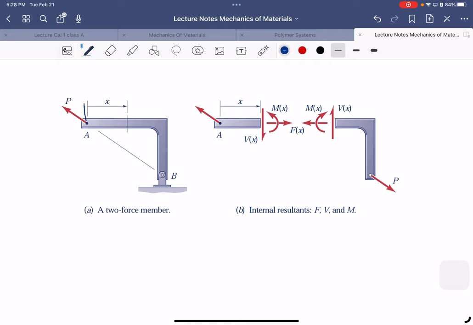If we have that angle here, we can make this P cos theta, P sin theta, right? And this will react to this B, and we say Bx, By. Because there are no other conditions, we can take the resultant, and the resultant should be equal to P. So that's why it's P here.